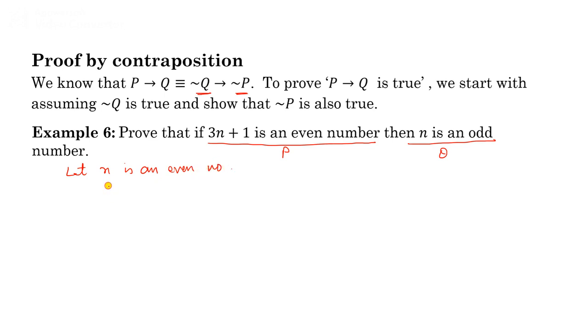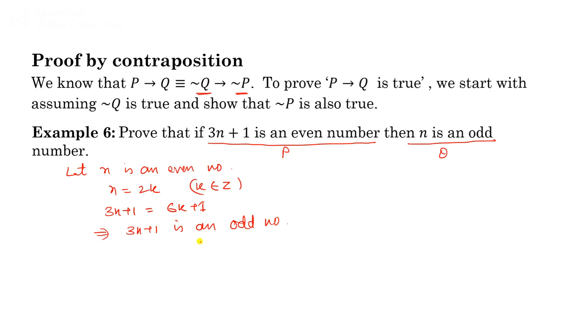So you can assume n equal to twice k, where k belongs to the integers Z. Now calculate 3n plus 1. This equals 6k plus 1, and 6k is even, so 6k plus 1 is an odd number. So this implies 3n plus 1 is an odd number.